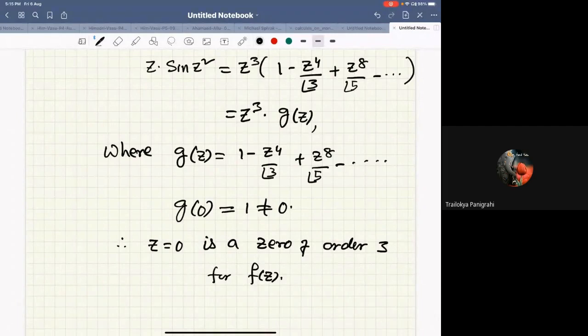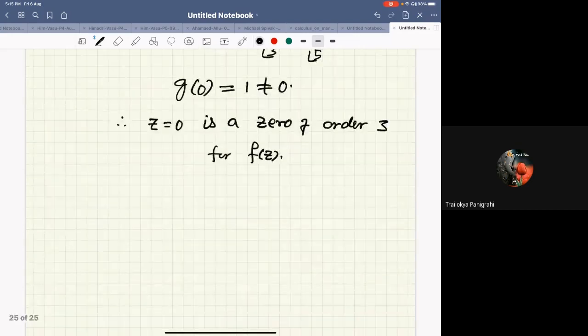Now, I want to prove a very nice result with respect to zeros of an analytic function. Please stop me whenever you have a doubt. Let me write a nice theorem.